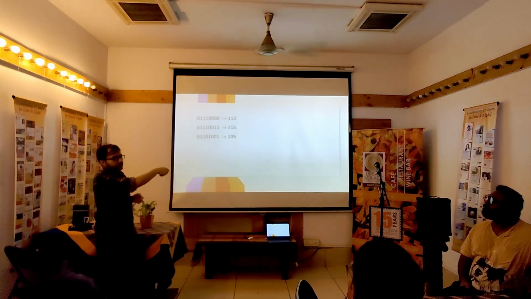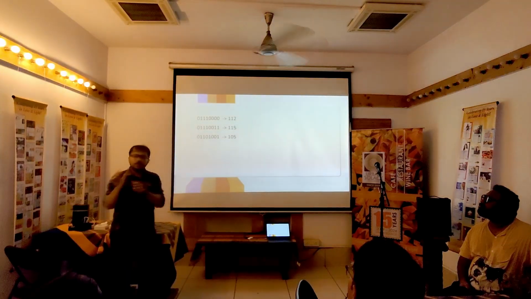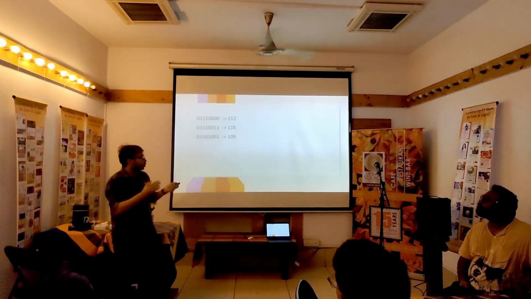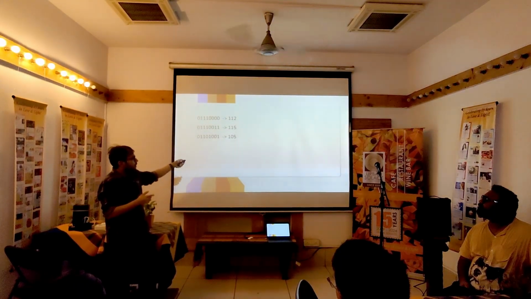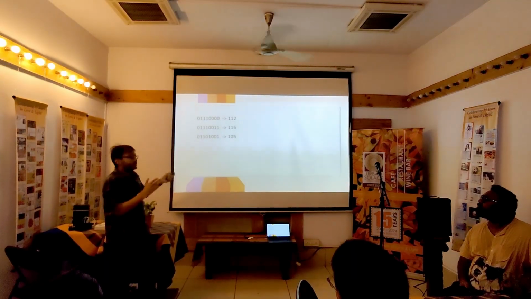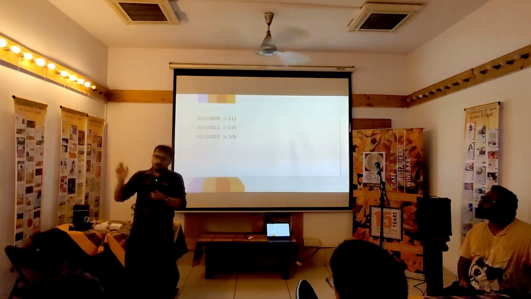The world has come together and decided that these particular numbers mean this particular alphabet. It's called the ASCII code, and so 112 is P, 115 is S, and 105 is I. So it represents PSI. So you can represent text in computers.